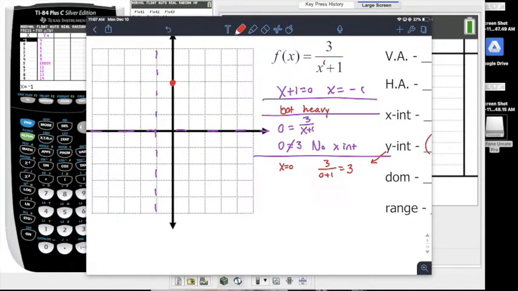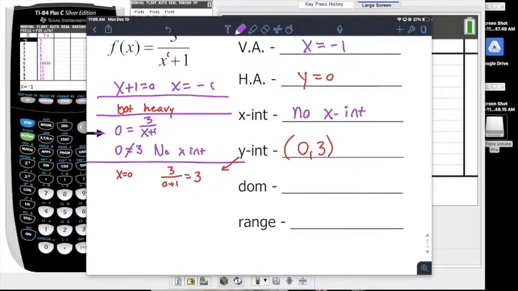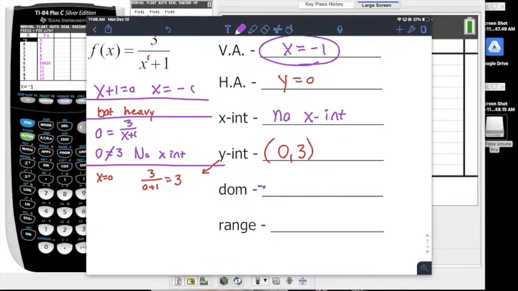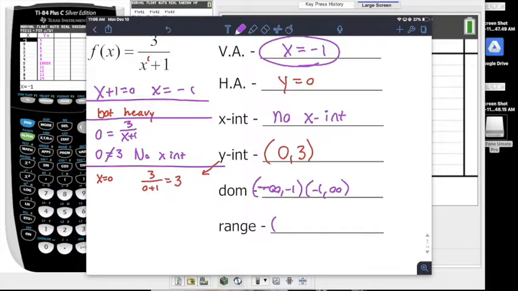Okay, and then domain. Domain is basically everything but your vertical asymptote. So we're going to say from -infinity to -1, and then from -1 to positive infinity. And then range, pretty much the same idea, except you look at your horizontal asymptote. So from -infinity to 0, and then from 0 to infinity.